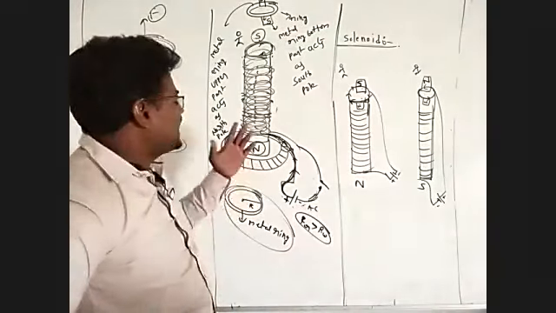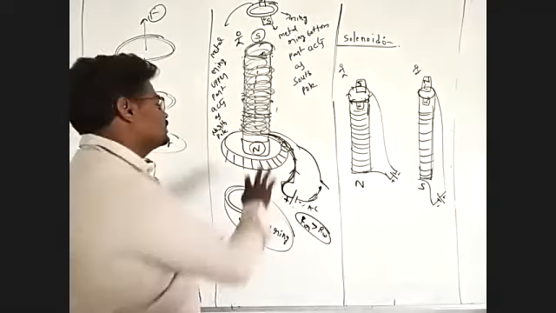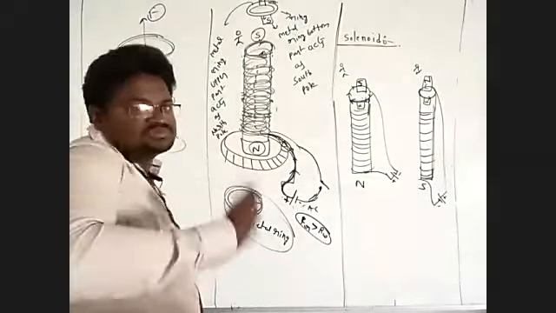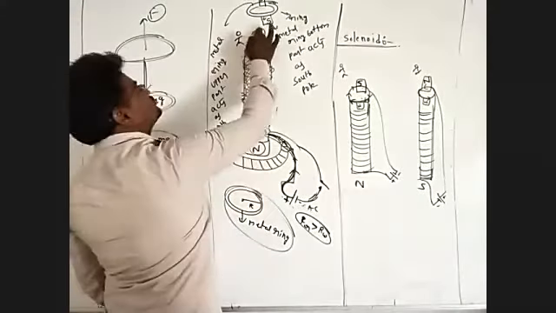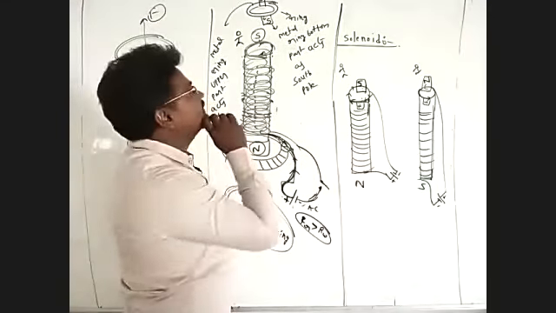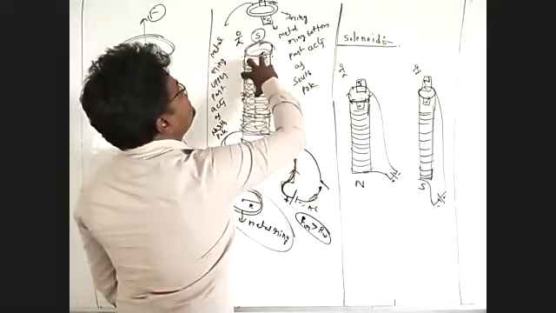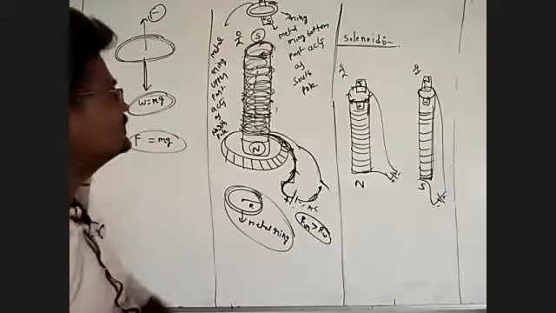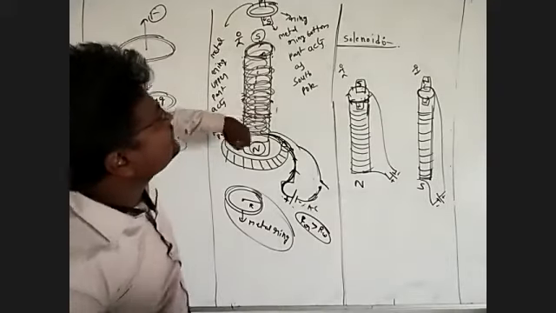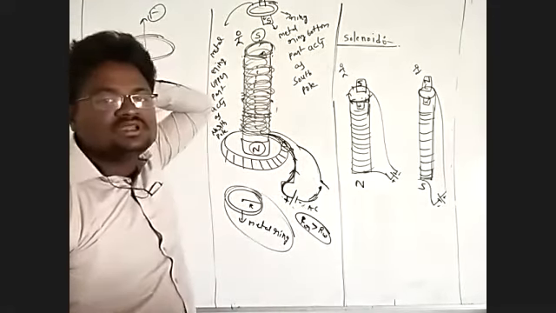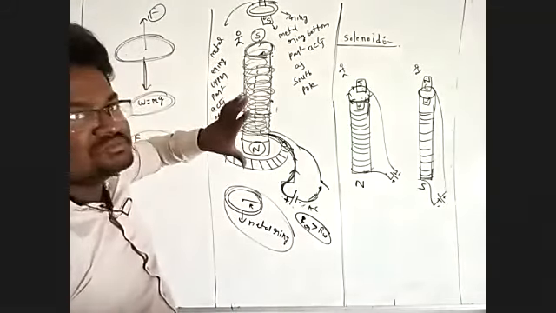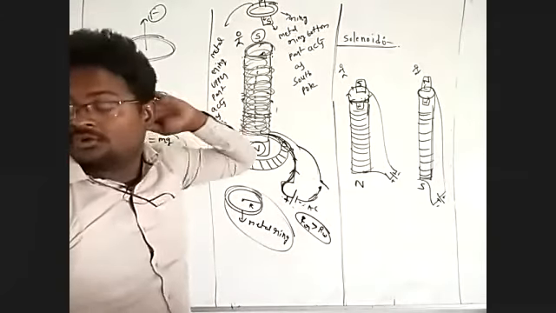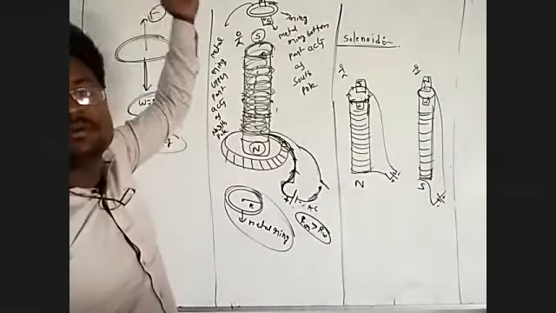Magnetic field lines go from south to north. Some magnetic flux lines are linked with the metal coil, the ring. The change in magnetic flux lines is linked with the metal coil.